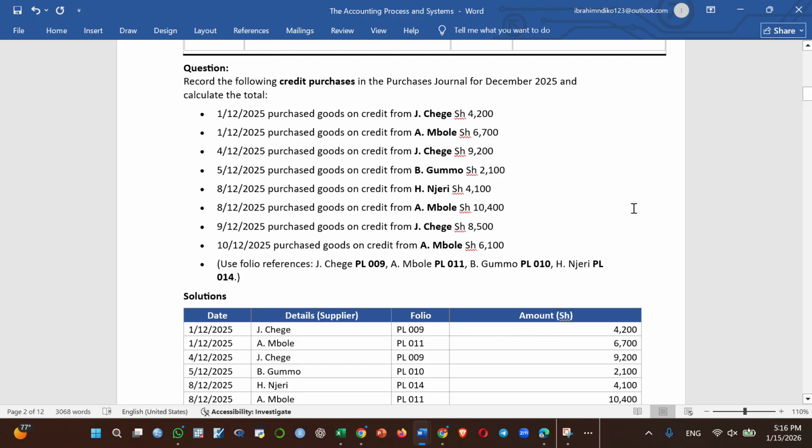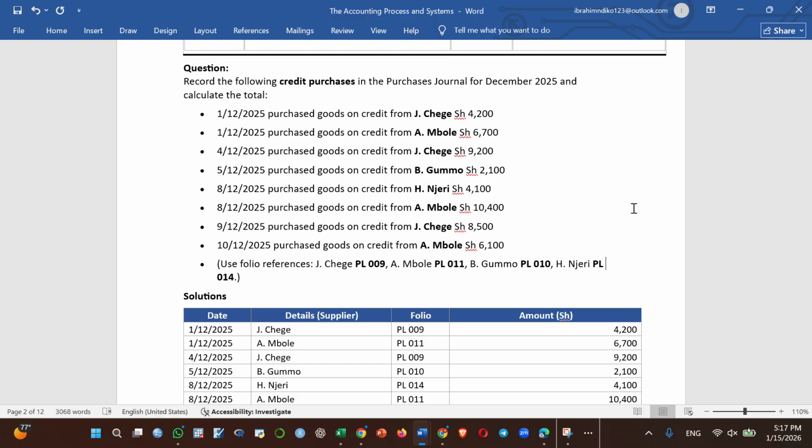On 1st of December, goods were purchased on credit from J. Chege, for the amount 4,200. Also on 1st, there was a purchase of goods on credit from A. Ambole, 6,700. On 4th of December, they also purchased goods on credit from J. Chege, 9,200. On 5th of December, there was a purchase of goods on credit from Ngumo, 2,100.